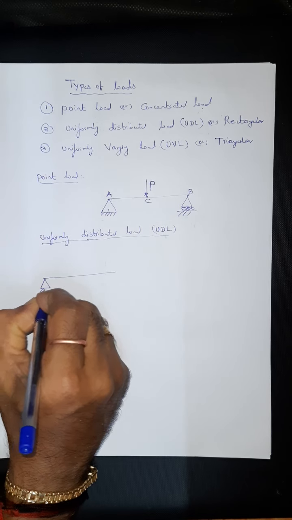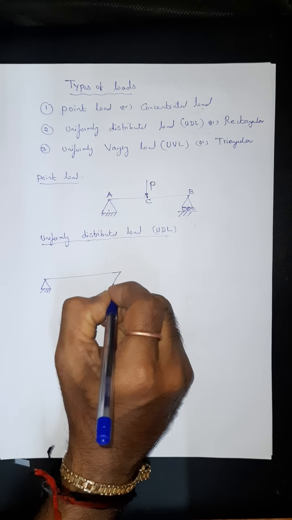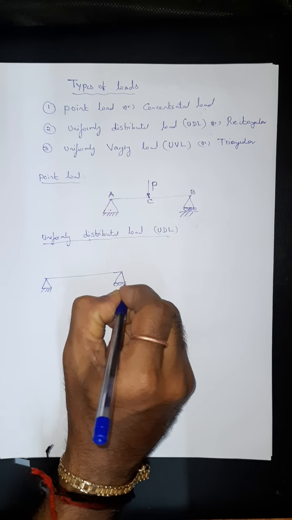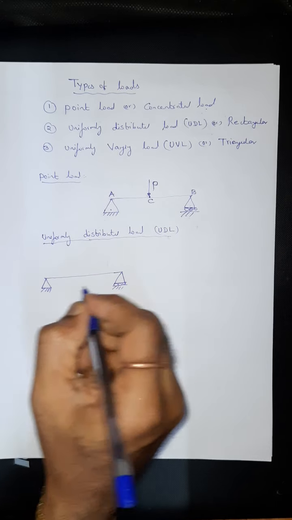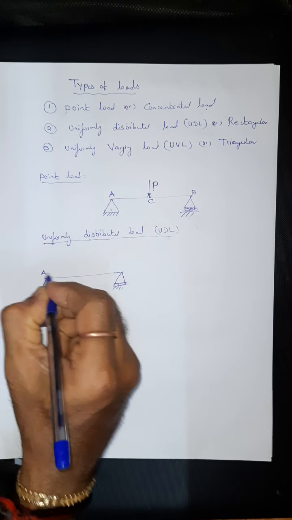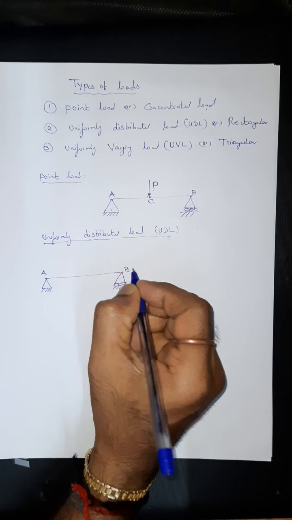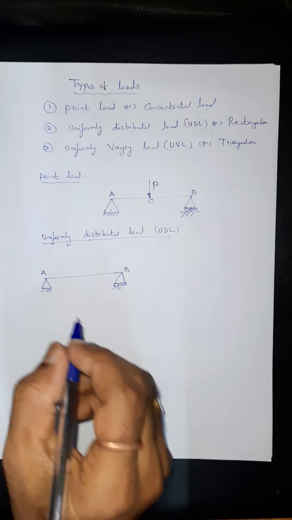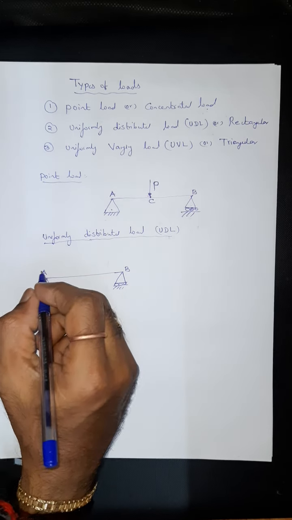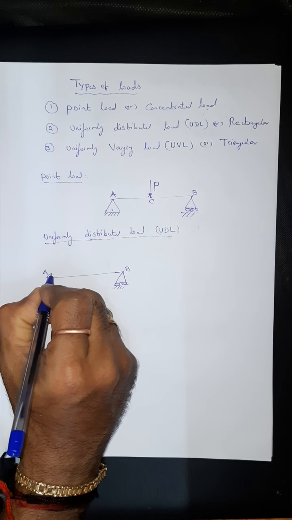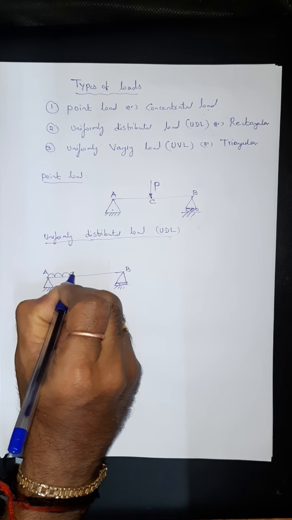A support, and the other end is also supported. Let me take this point as A, the other end of the beam as B, and the uniformly distributed load can be represented in this way.